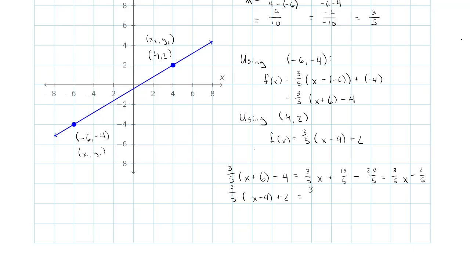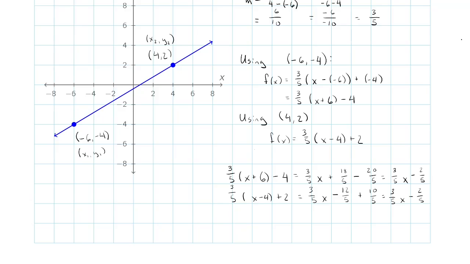So that's 3/5 x minus 3/5 times 4 is 12/5, plus 2 is 10/5. So that's 3/5 x minus 2/5. And again, you can use your calculator for the fraction arithmetic in that if you're uncertain.